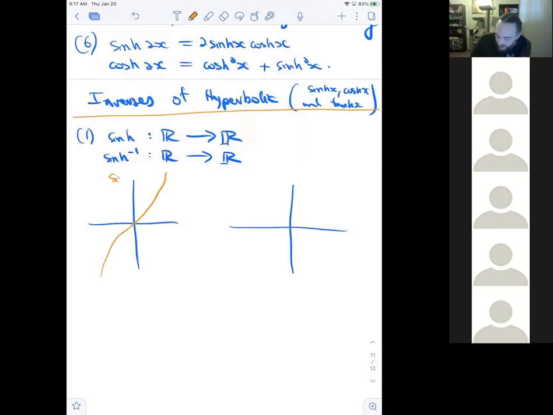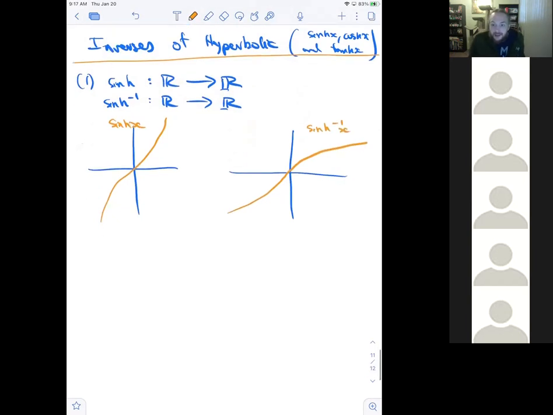If this is sine hyperbolic, then this is sine hyperbolic inverse of x. And just as usual, all the cancellation rules exist. This is the main picture. This is the nicest one there is because there are no restrictions. So you can go from R to R. The cancellation happens everywhere.